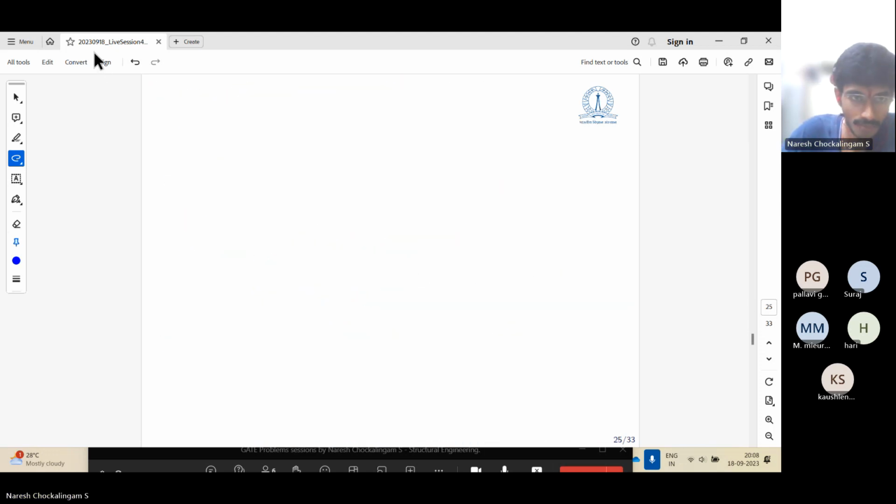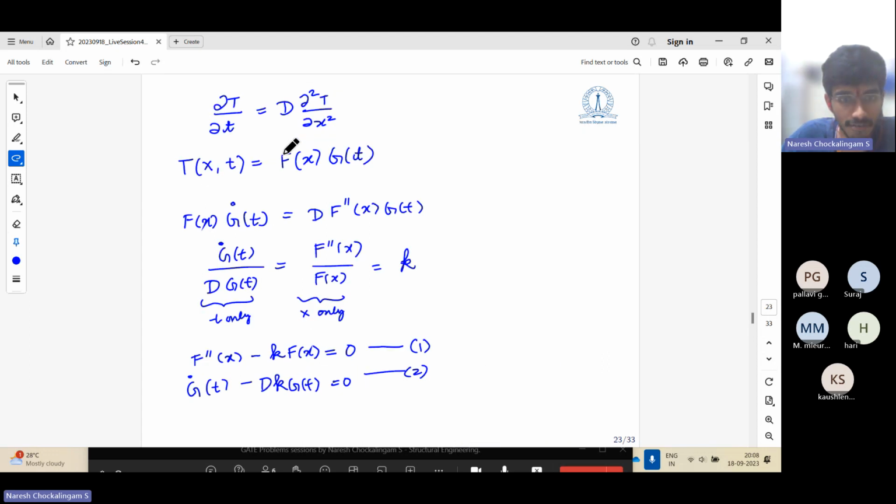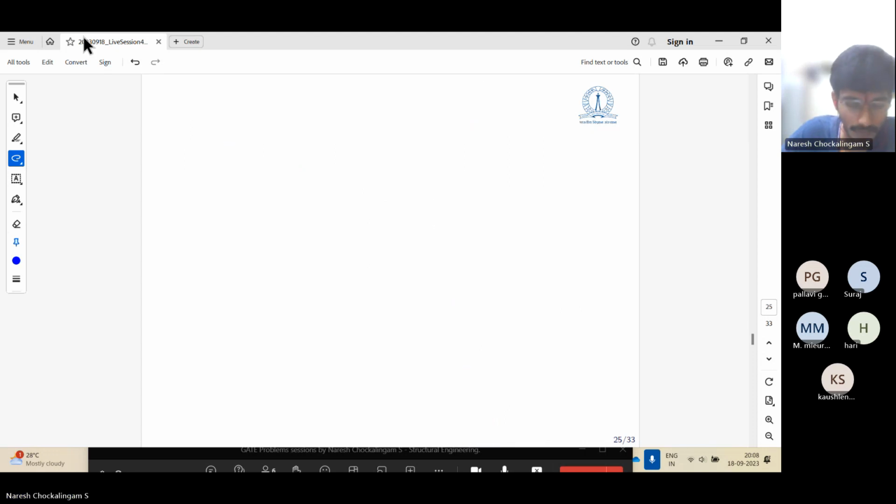Therefore, the determinant of this has to be equal to 0, which means our assumption that k is greater than 0 is wrong. We assumed k greater than 0, right? So if k greater than 0, lambda is equal to root k. So that assumption is wrong. Therefore, k is less than 0.